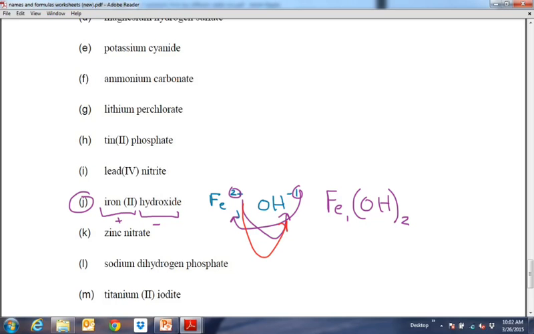We need 2 hydroxides because Fe is 2 plus. So you crisscross it, you only need 1 Fe, and you need 2 OHs. That parentheses is a tough one for the hydroxide. One of the things I think about is if I were to do this OH2, what is that? It's water, isn't it? H2O, OH2. So that doesn't work.